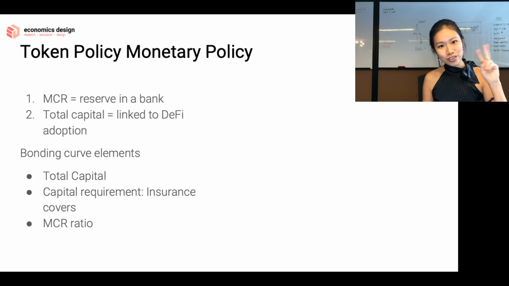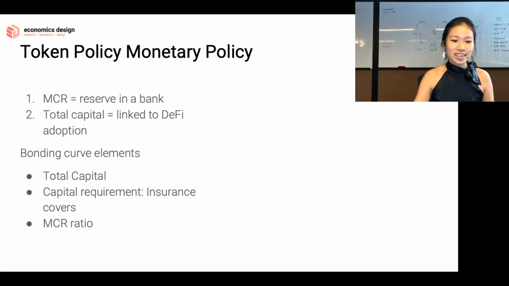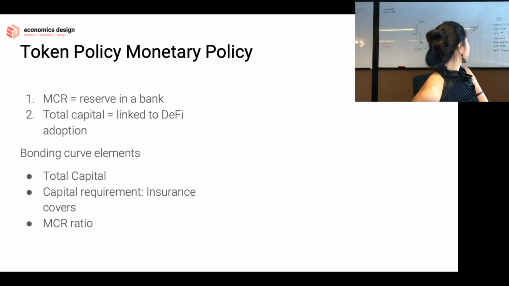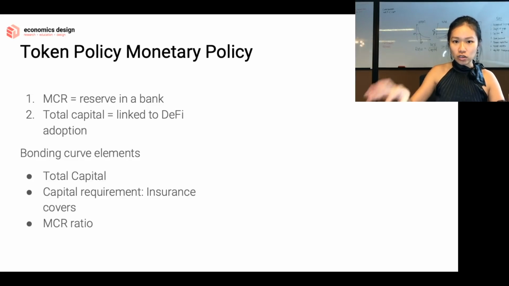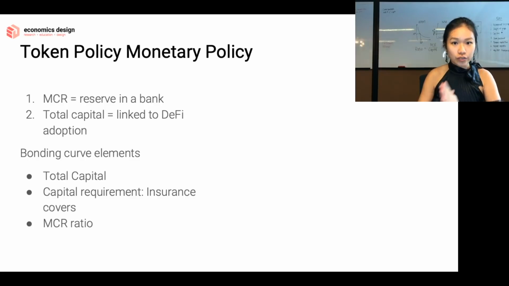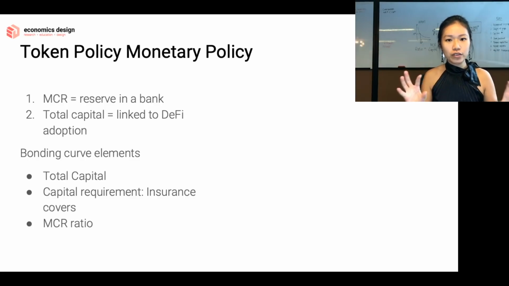Because we only have two variables, the MCR and the total capital, the MCR ratio is the total capital divided by MCR, the link between these two variables. So MCR is the short-term growth, total capital is the long-term growth, and then we look at their interrelation. With these three variables added into the model, the model can give us a more robust understanding of the entire ecosystem through the price of the NXM token.